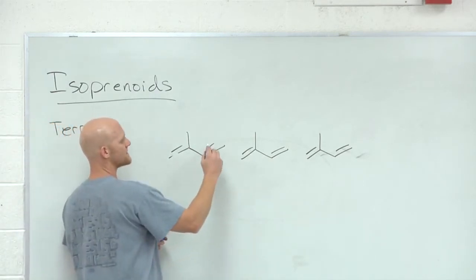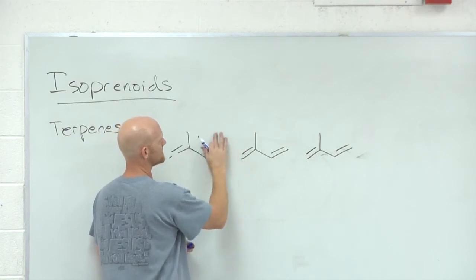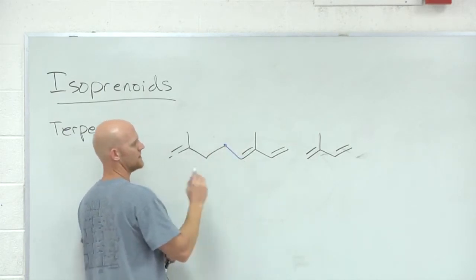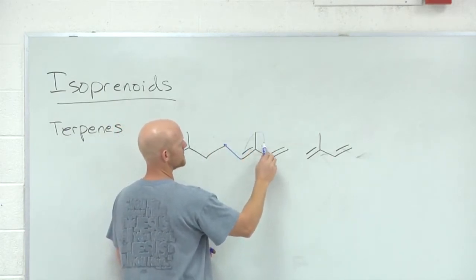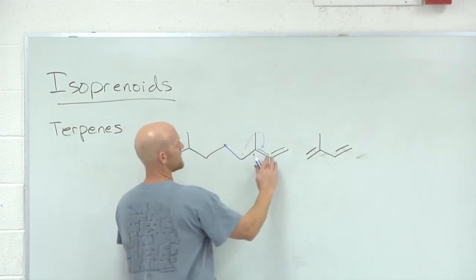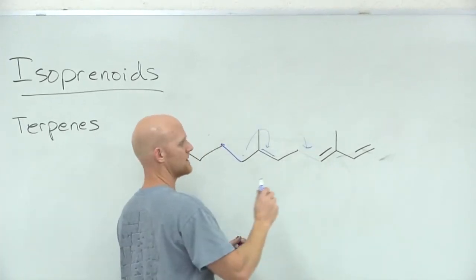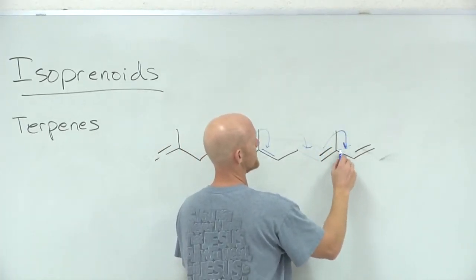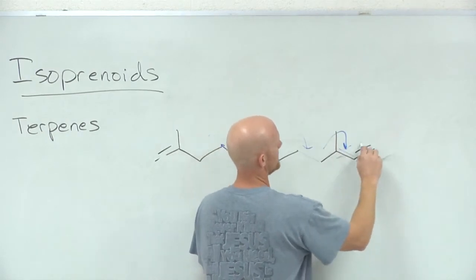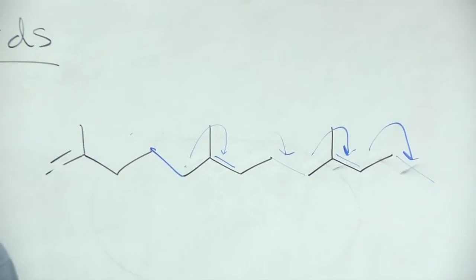And you can see, if this double bond is used to make a bond right here, which causes this one to shift over, which causes this one to move down the chain, and this one to go further, and this one to bond to the next one, and so on and so forth.